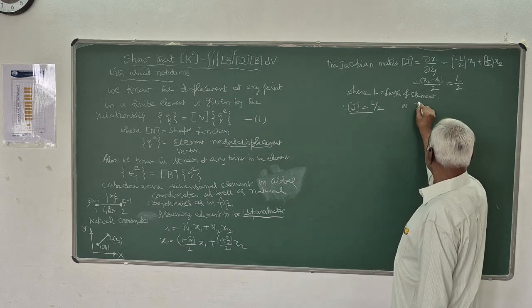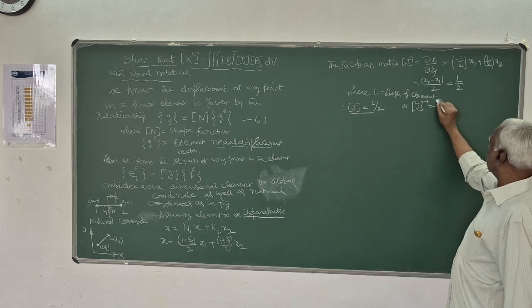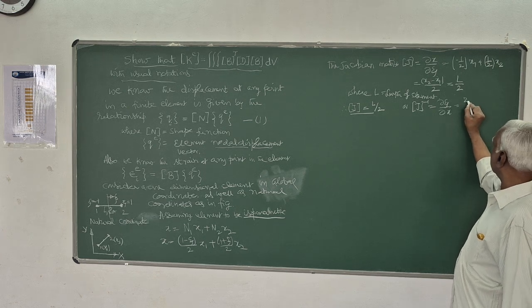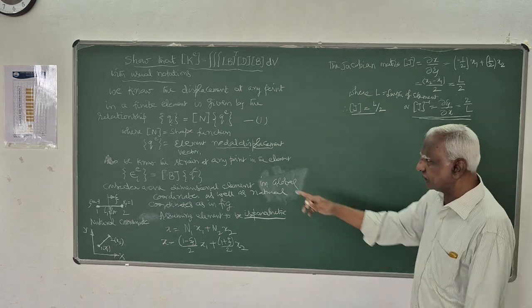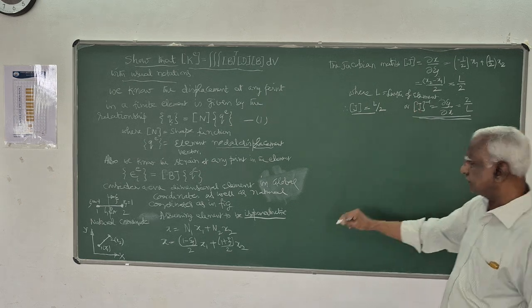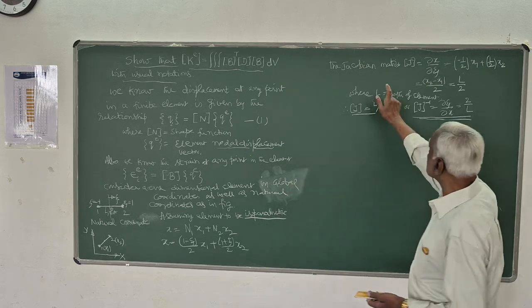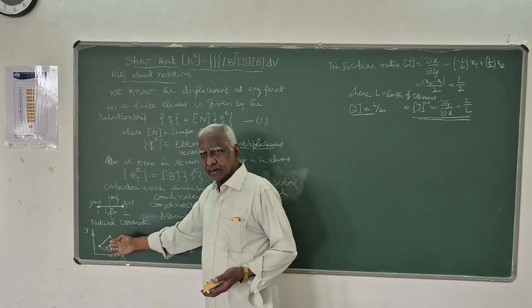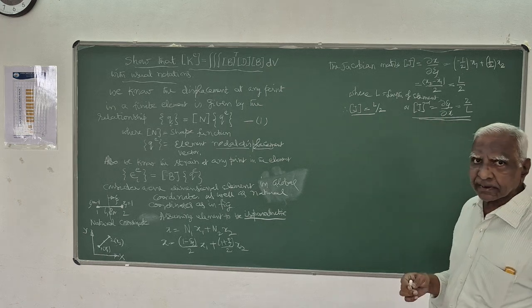Or the Jacobian inverse, that is nothing but d psi by dx, is 2 by L. This is the important relationship between the natural and global coordinate systems in the isoparametric formulation. The Jacobian is the matrix which relates the element in the natural coordinate system to the element in the global coordinate system.